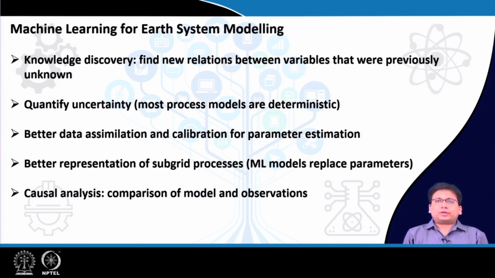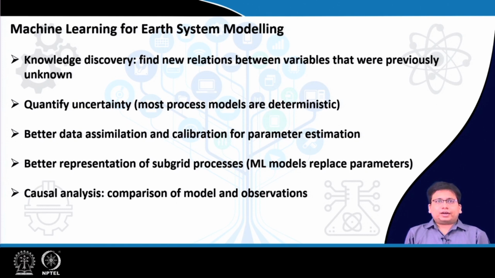That is, instead of making a pointwise prediction, we should always be able to give some kind of a range or confidence interval. Most of the deterministic climate or earth system models are unable to do that. So to quantify the uncertainty of these processes, one way is by using machine learning, especially the probabilistic models.